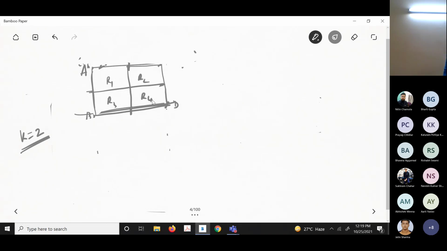Now look, the diameter here: earlier it was this diameter. You can easily prove that this diameter will be half of this. Right? This diameter will be half of the earlier diameter.